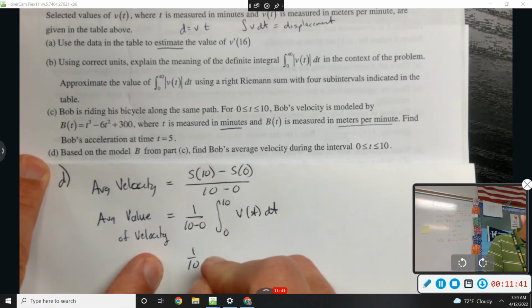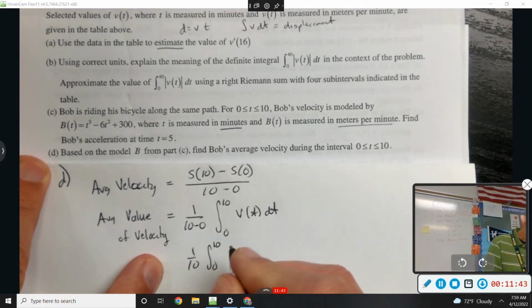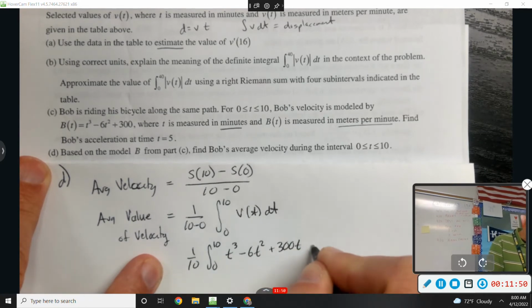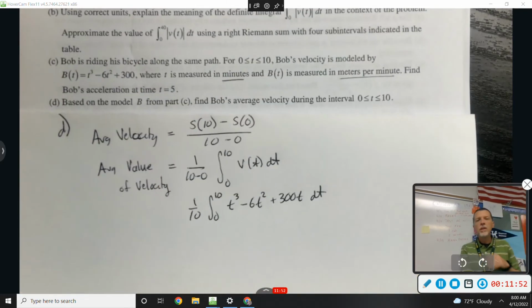So 1/10, 0 to 10, of the integral of his velocity. If we integrate velocity, we get change in position.